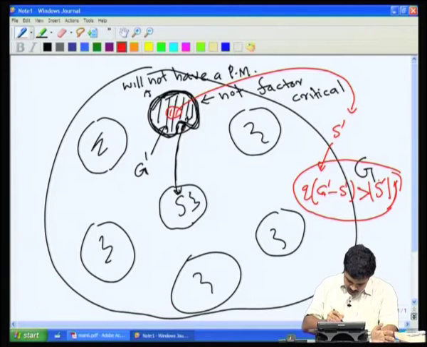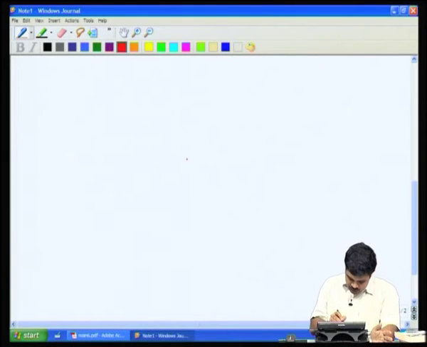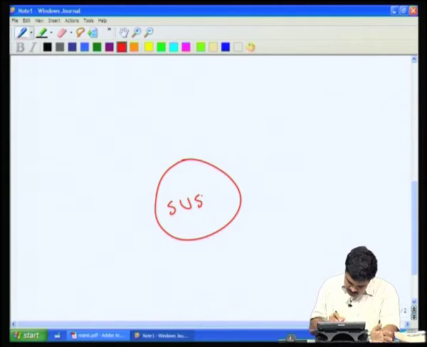Remember, our plan was to move this X to this, and S dash also I will move to this, so that this will become X plus S dash. Finally I will consider a new set here: S union S dash union X, right.